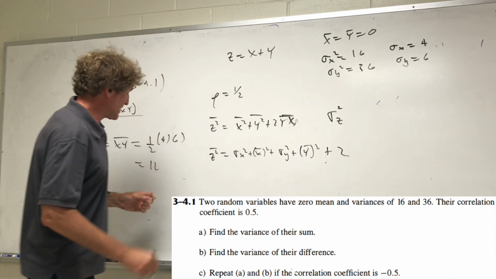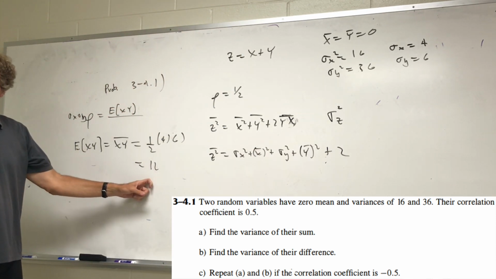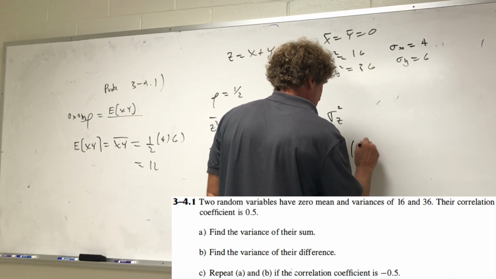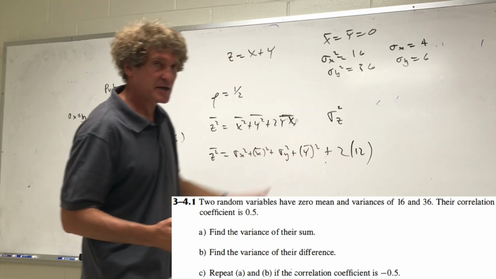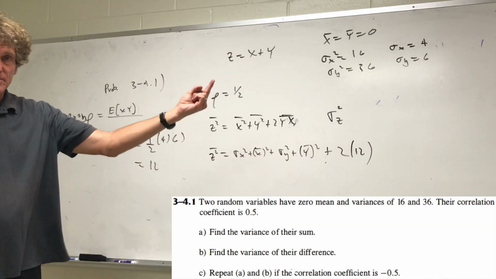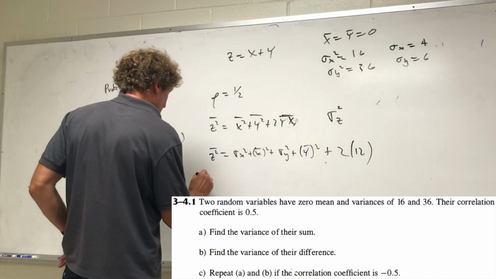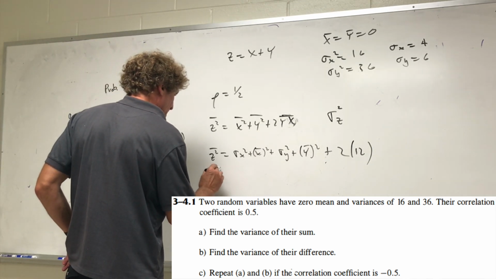Now, do you mind if I just put in the 12 because we found it? So this is 2 times 12, and I want to put it there so if you're writing notes, you'll see what in fact I did. I just substituted that value. Now we're going to substitute everything.